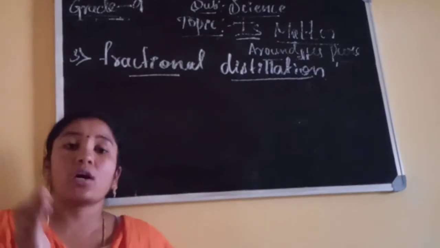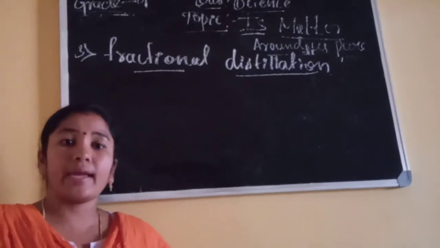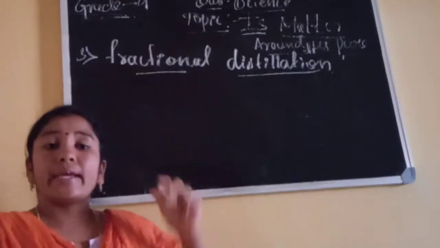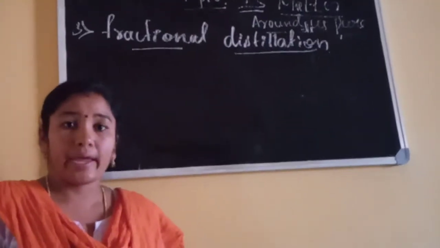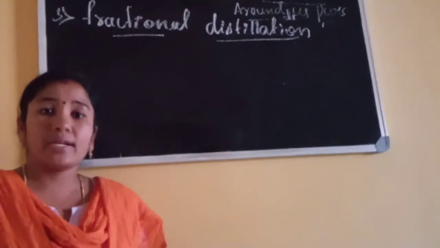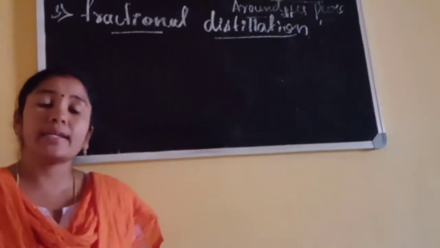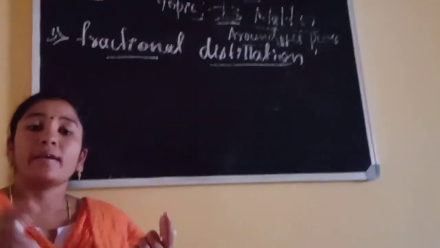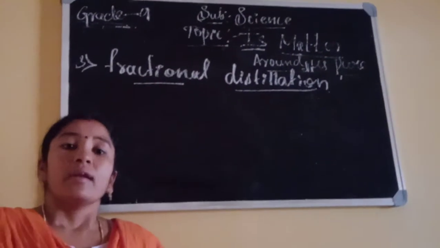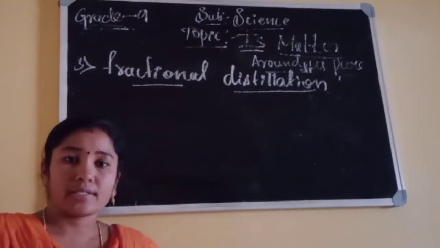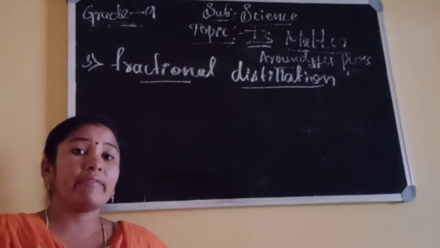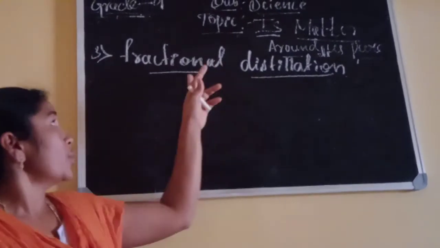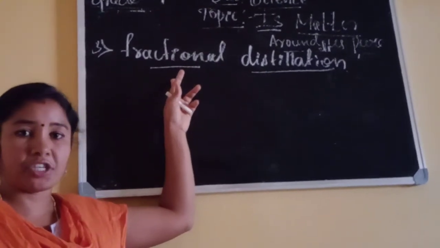What components are present in the air? Carbon dioxide, oxygen, nitrogen, vapors, then dust particles. These are the components of air. How can we separate the oxygen from that mixture of air? We have to use this fractional distillation method.